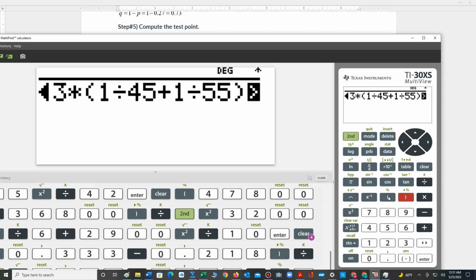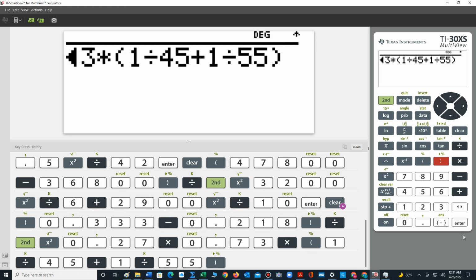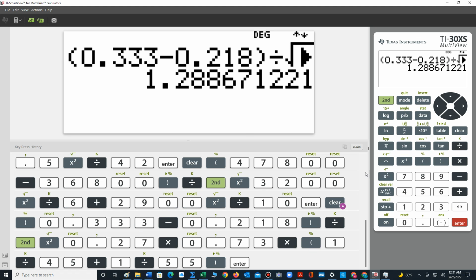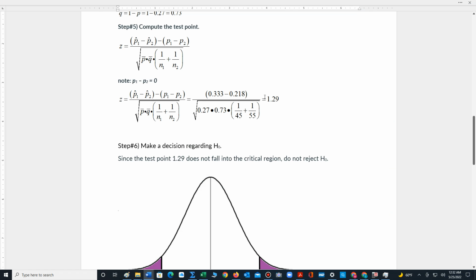Close the parentheses. After I input the formula for the test point, just hit enter, and then we can verify it is 1.29 if we round to two decimal places.